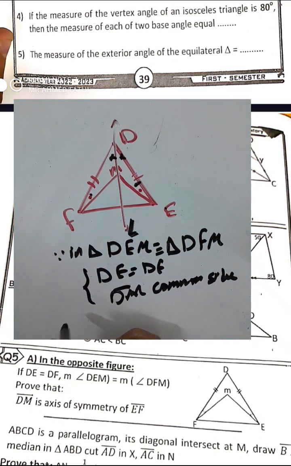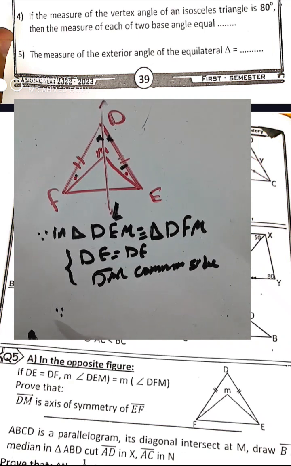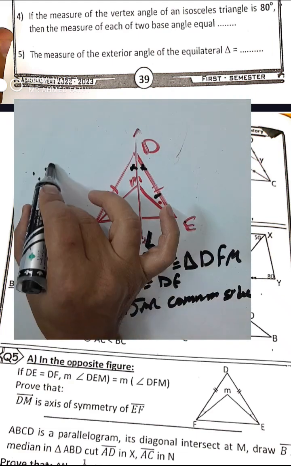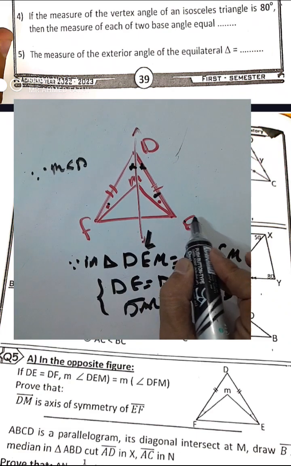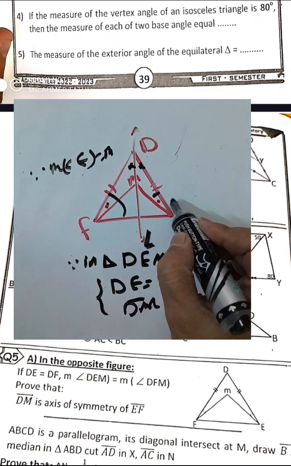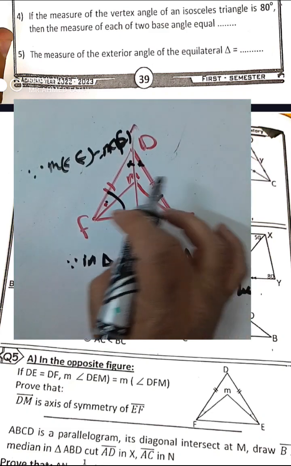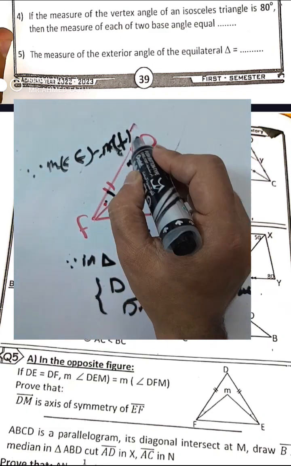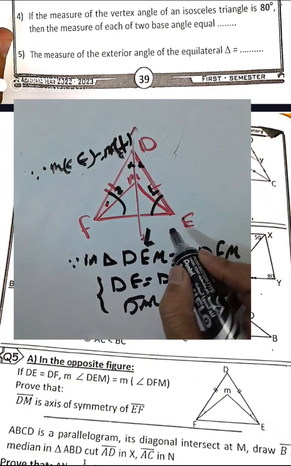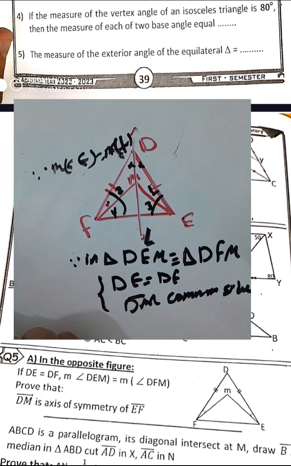How? We can complete it here, such that measure of angle E equals measure of angle F. Why? Because it's an isosceles triangle, and we have angle 1 equals angle 2. Then the remainder, angle 3 equals angle 4.